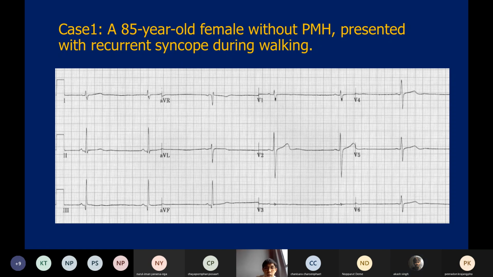The P wave rate is 39, which is not normal, right? It is lower than normal. The normal sinus P wave would be around 60 beats per minute, so this is sinus bradycardia. If it were a sinus pause, as you mentioned earlier, most likely the sinus P wave would be in the normal range, but there would be a drop of the P wave for more than 3 seconds, and then the P wave would recover.